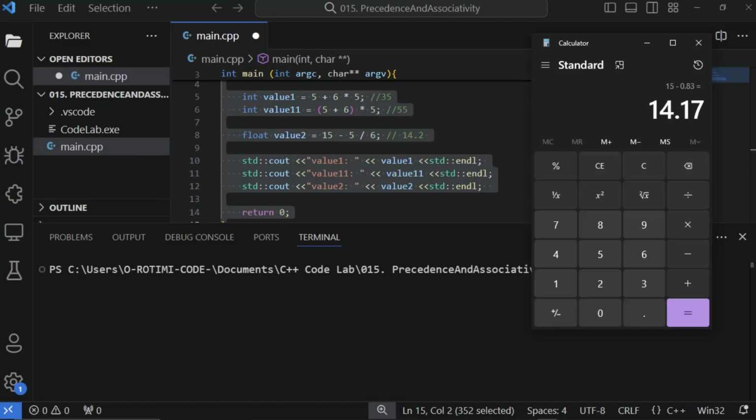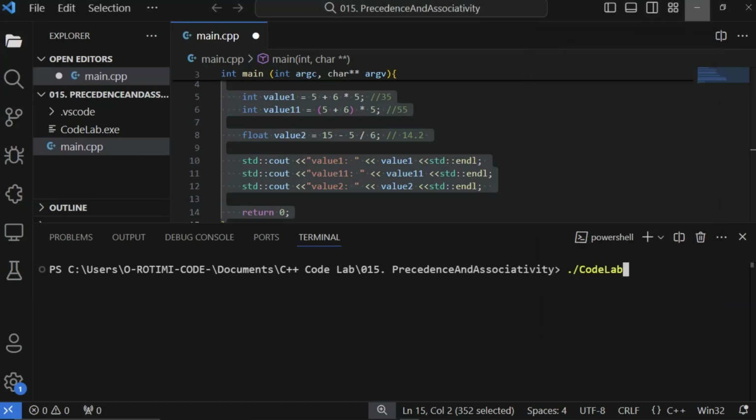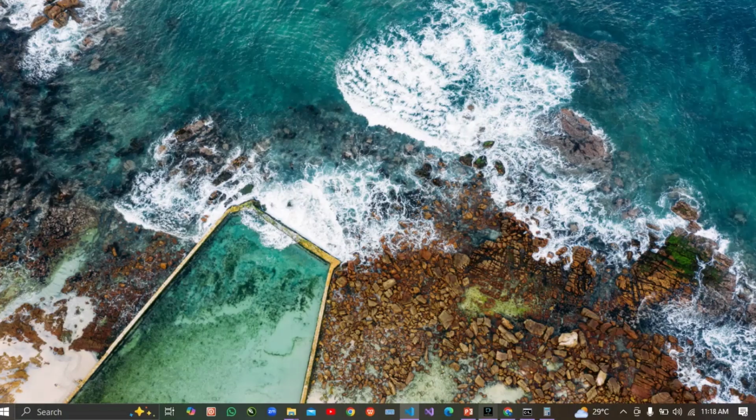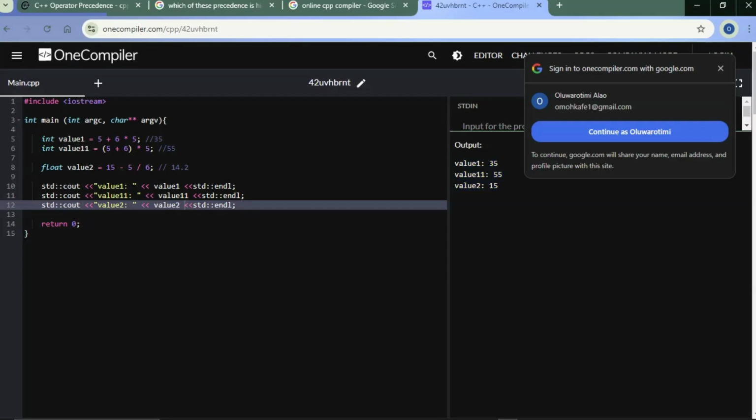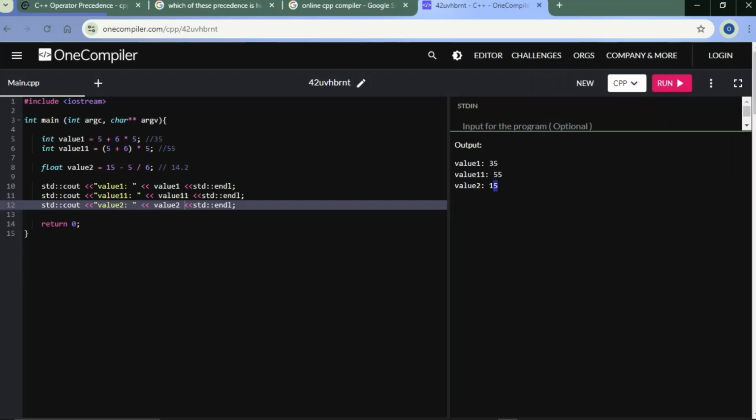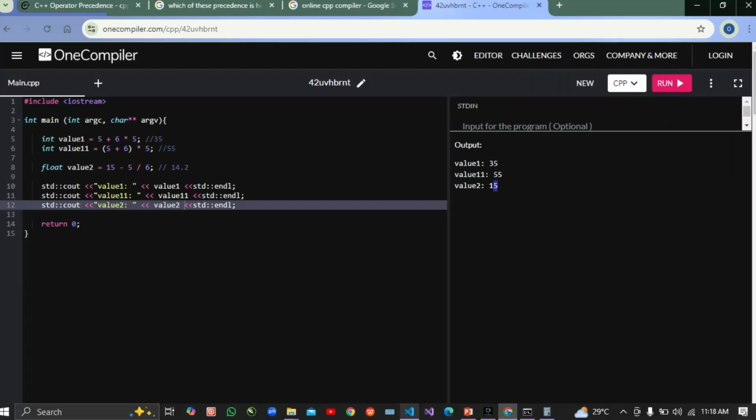Okay, so because we have 3, it evaluates to 15 for us. So that is what the online compiler does for us. It makes the value 15. So I hope you understand what precedence and associativity mean from the code.